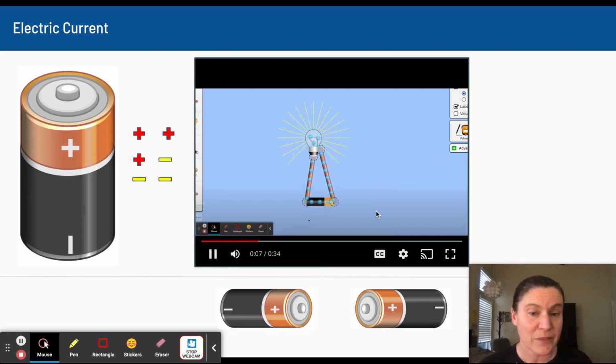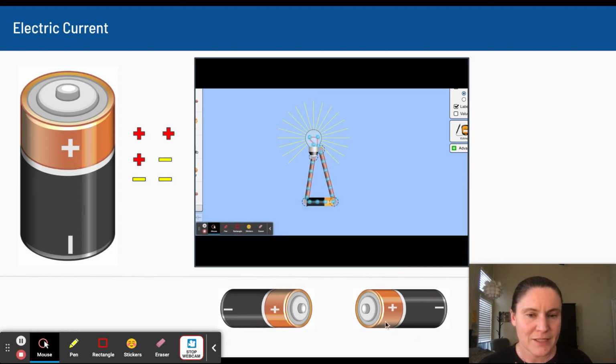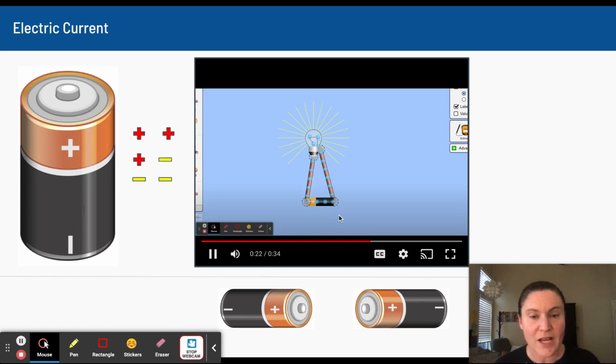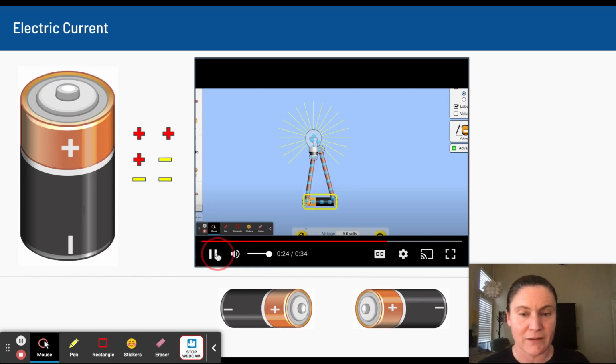What's going to happen when we flip the side of that battery? So in a minute, I'm going to flip to the other side. What's going to happen in this case? Here we go. So we flipped it. Watch the movement. Those change direction. The movement of our negative particles changes direction. We are now moving those particles through our electric device, down through our electric conductor.